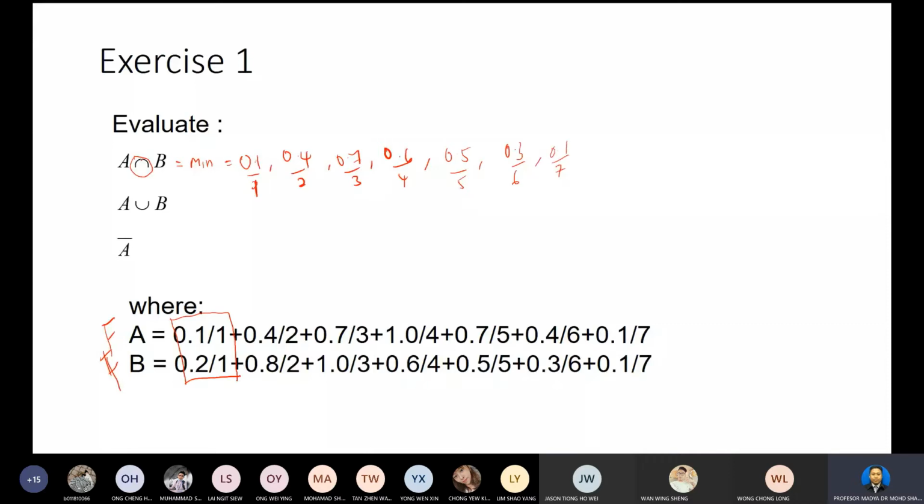Next, A union with B means we have to select the maximum, but again compare the same sequence.